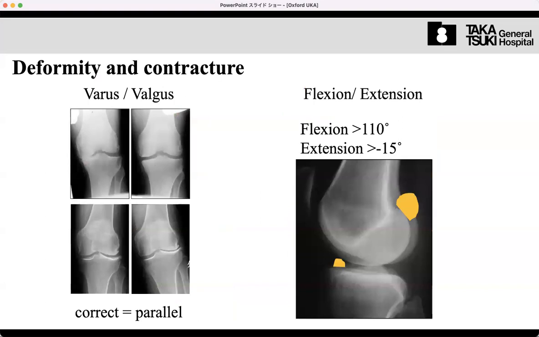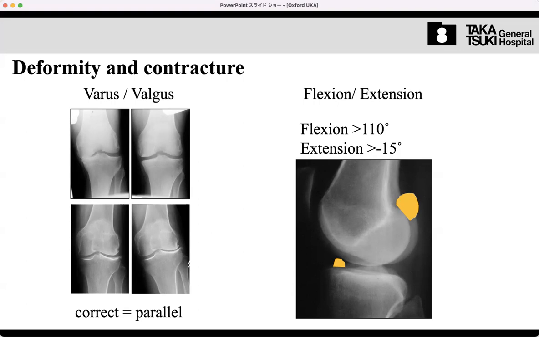Furthermore, we should consider flexion contracture and limited flexion. But basically, unlike fixed bearing UKA, flexion contracture and flexion loss are not contraindications. In most cases, we can find the cause of limitation of extension or flexion. The main cause is found here and here.